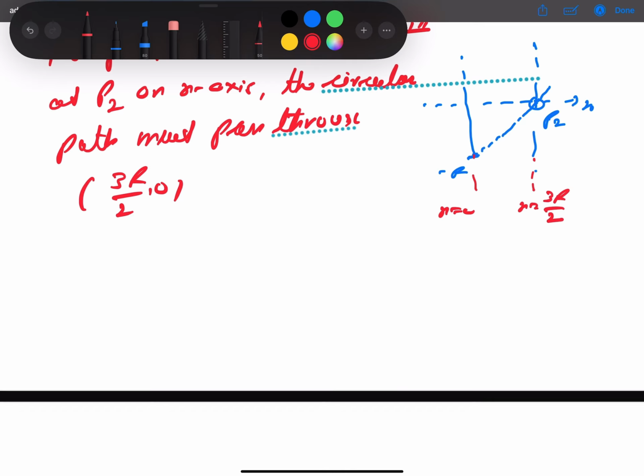So this particular point we can write as 3r/2 and 0.